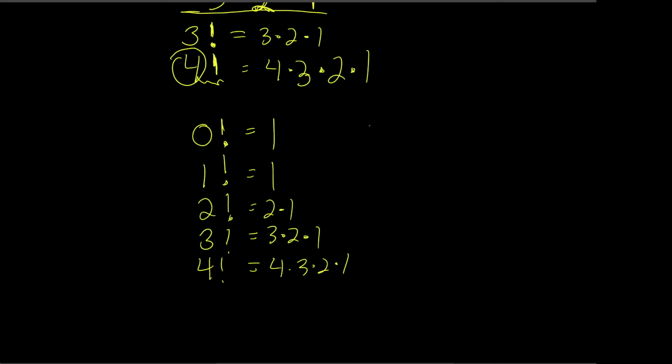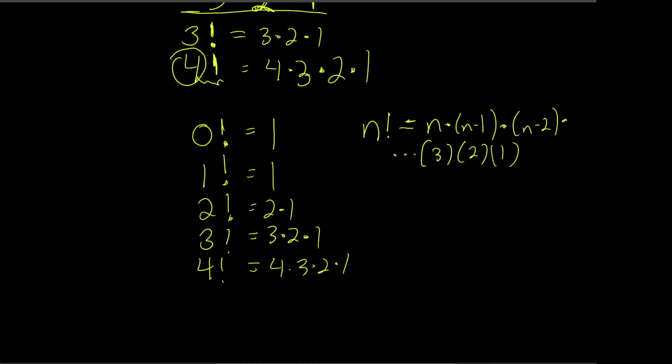And so any number n factorial is going to equal n times n minus 1 times n minus 2 times, dot dot dot, 3, 2, 1. You take whatever the nth number is and you slowly count your way back down to 1, and that gives you what a factorial is.